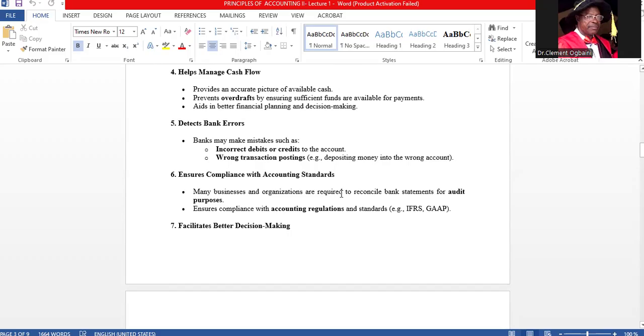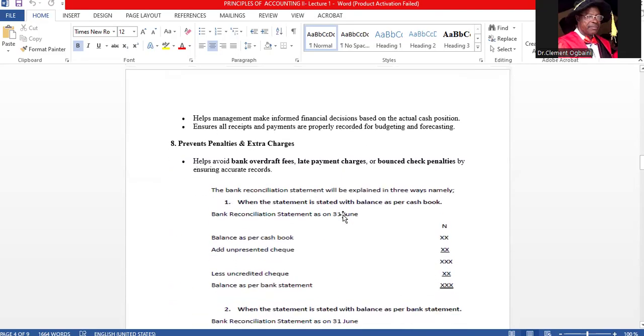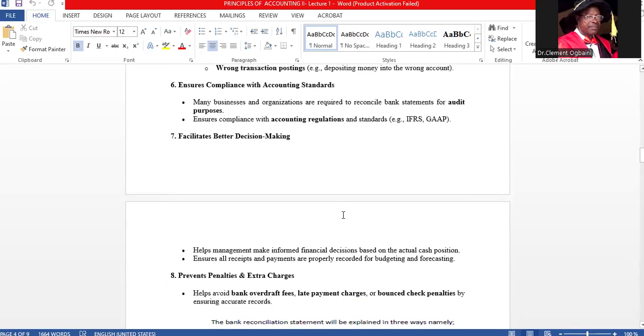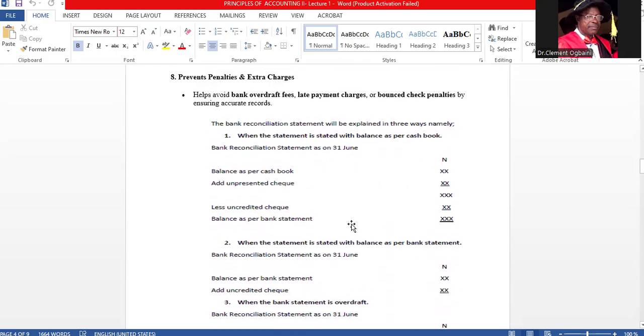All these help us with decision making, because in accounting, the essence of almost every accounting activity is to aid the company in making decisions.